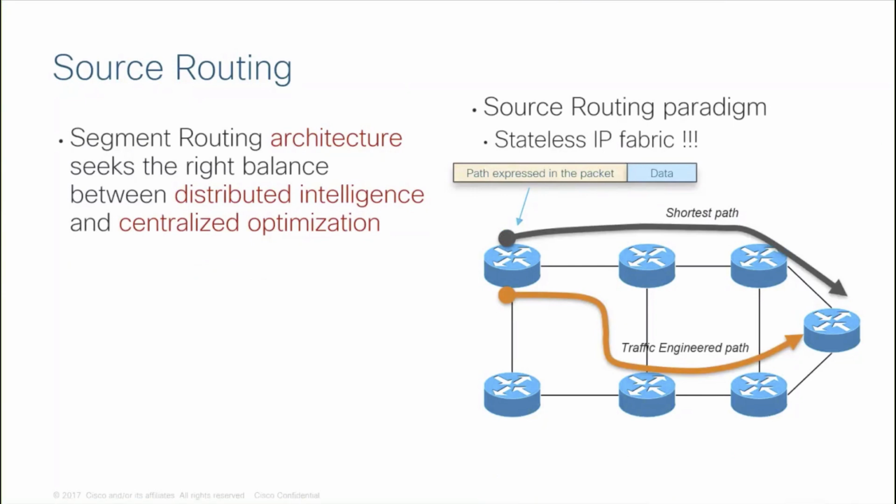If you look at the drawing, the yellow is the expression of the path, put right at the source of the network, this node on the top left-hand side, so that the packet can move through the network. Now the set of instructions can be instructions that will keep me on the shortest path, as indicated on the gray line, or it can be a traffic engineered path, different from the shortest path, but still reaching the destination on the right-hand side.